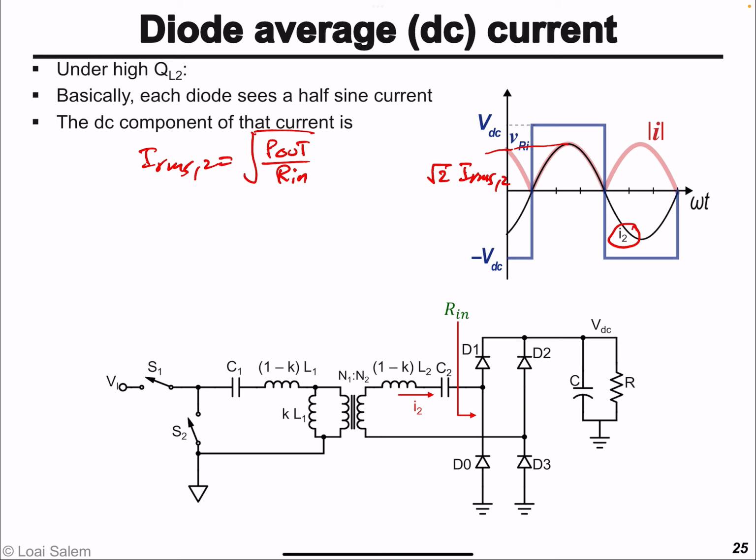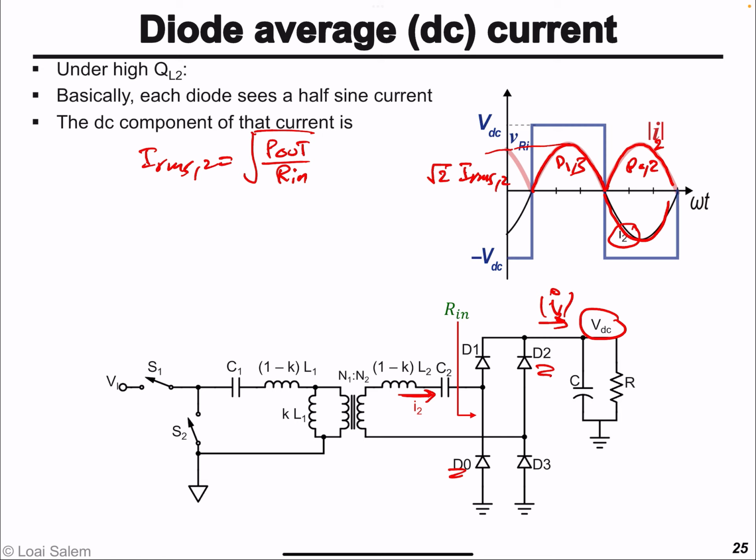And we discussed before that this LC tank behaves as a current source, so D1 and D3 will be on during the first half cycle, while D2 and D0, the even number diodes, will be on during the second half cycle, which flips the current with respect to the DC load. So the current here is always the absolute value of the current in the bridge rectifier, or essentially I2.